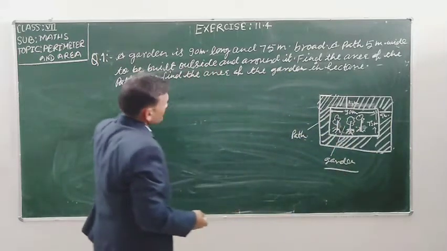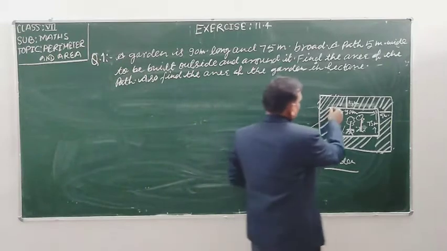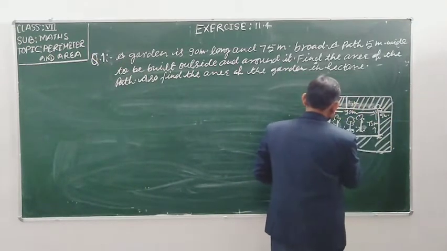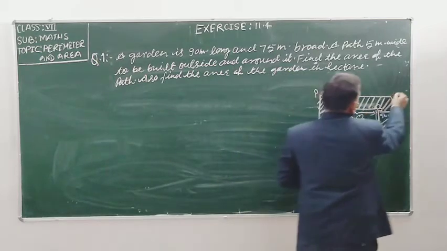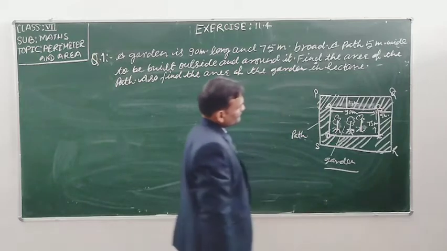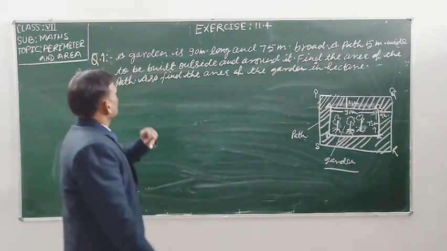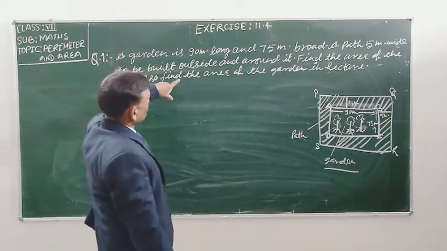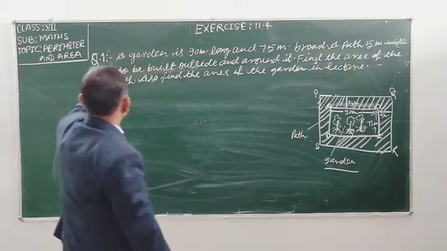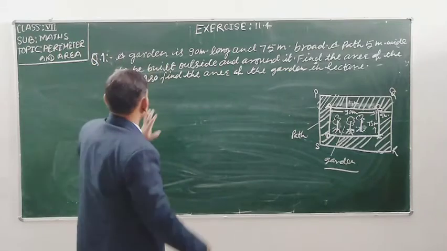If we write the names A, B, C and D for the garden, and P, Q, R and S for the outer rectangle, then firstly, which information is given in the question? Firstly note it down, students.